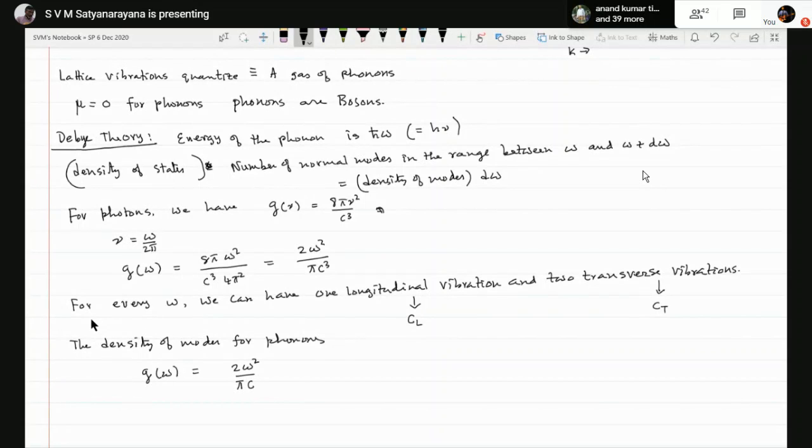Oh sorry, remember this 8 involves the two polarization directions.